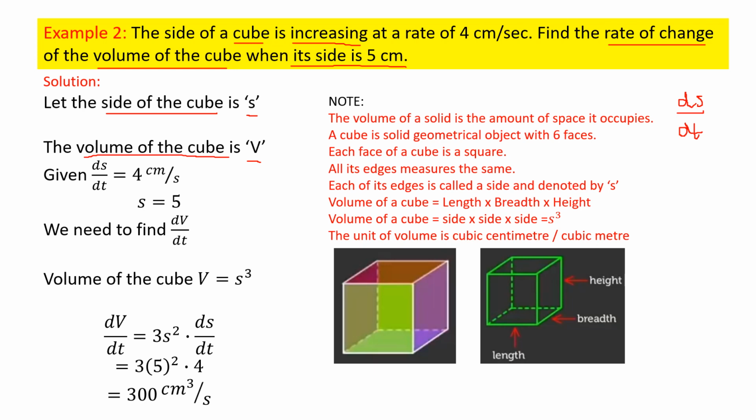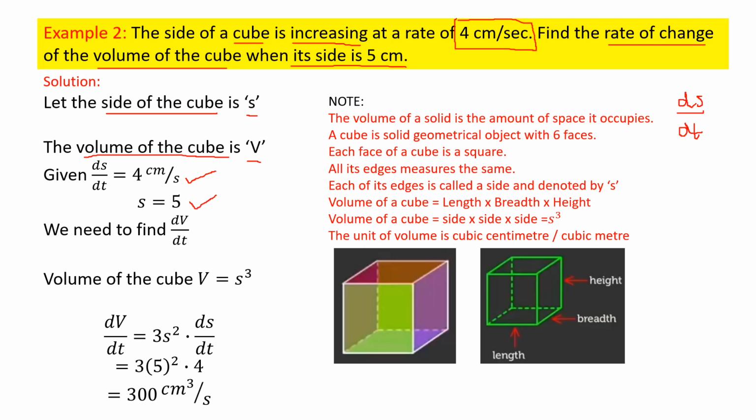So dS by dt is equal to 4 centimeter per second. This is given in the first step. The side of a cube is increasing at a rate of 4 centimeter per second, so dS by dt equal to 4 centimeter per second. And also they have given the side equal to 5 centimeter. So let us take S equal to 5.